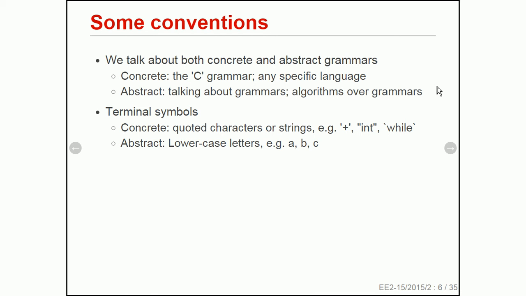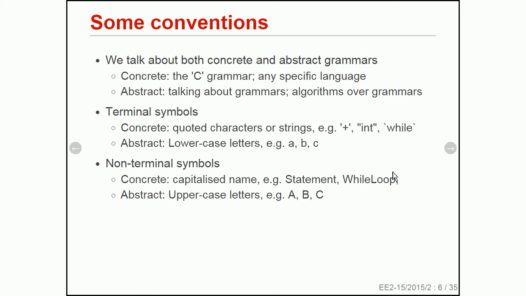So we're thinking about abstract placeholders like A, B, C, and these don't represent anything in particular except that they represent one single terminal symbol. If these appear in an abstract grammar, we are talking about something that in some given concrete grammar will turn into something like plus or int or while.